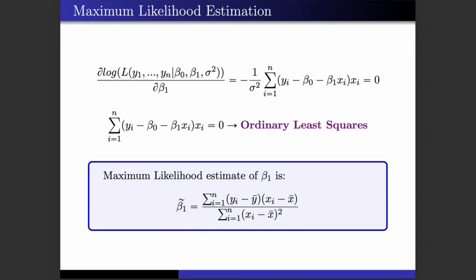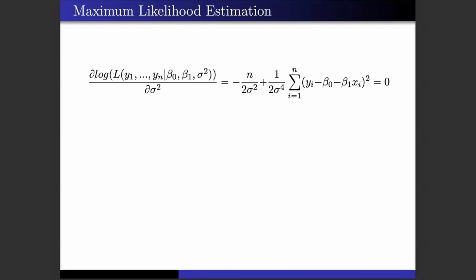So we have estimates of both beta naught and beta 1. We still need to find an estimate of sigma square. Therefore, we set the partial derivative of the log likelihood function with respect to sigma square equal to 0.